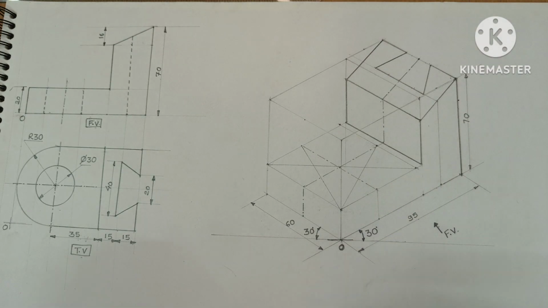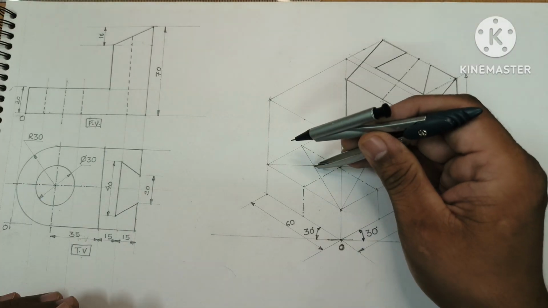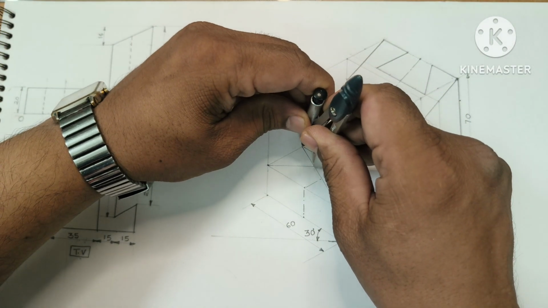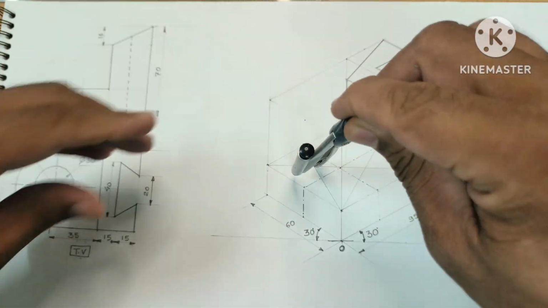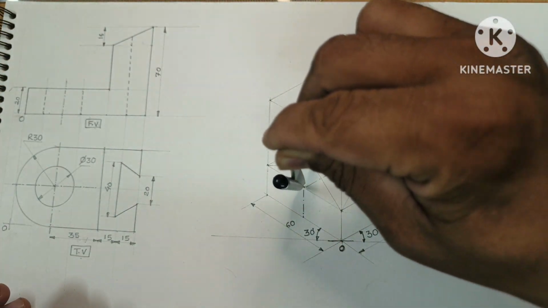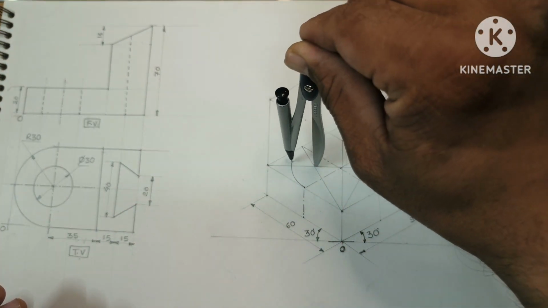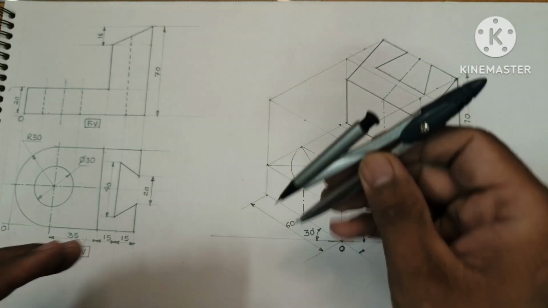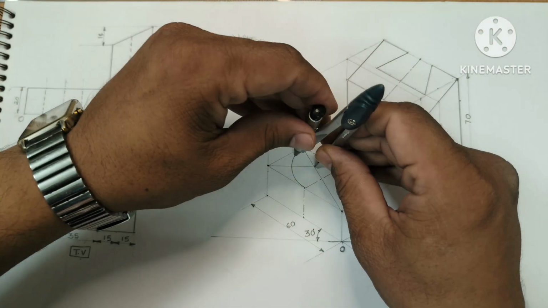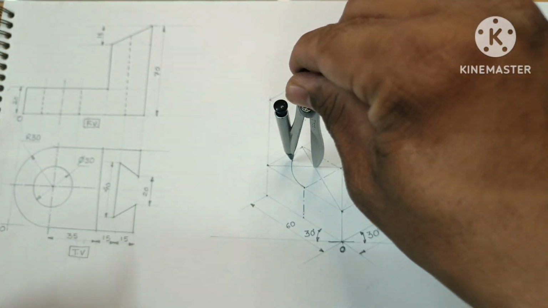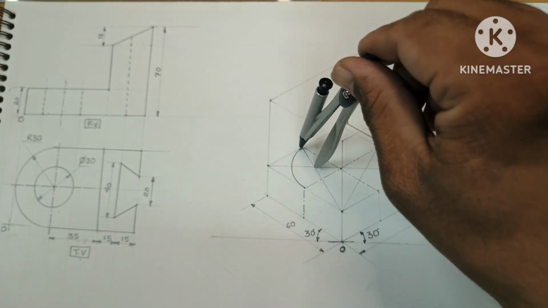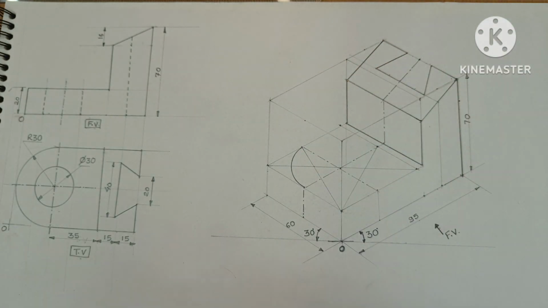Now we will draw. This will be your center point, and this will be the radius. I will draw the curve. Okay.